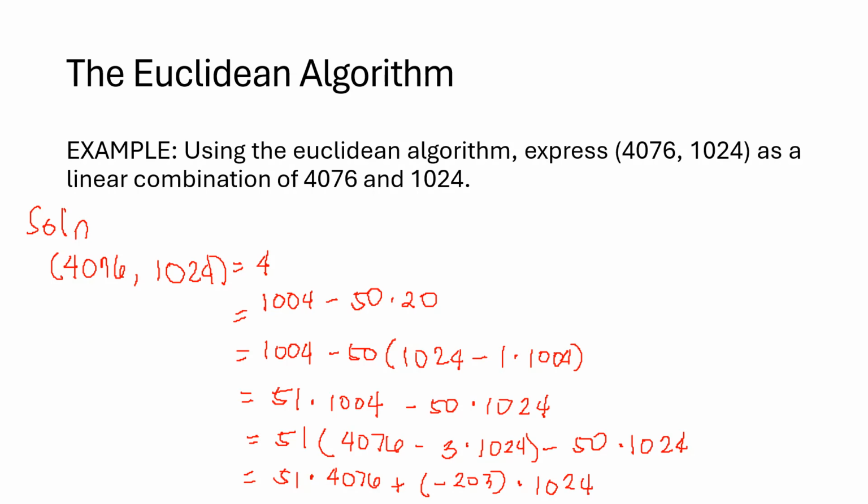So our alpha is 51 and our beta is negative 203.